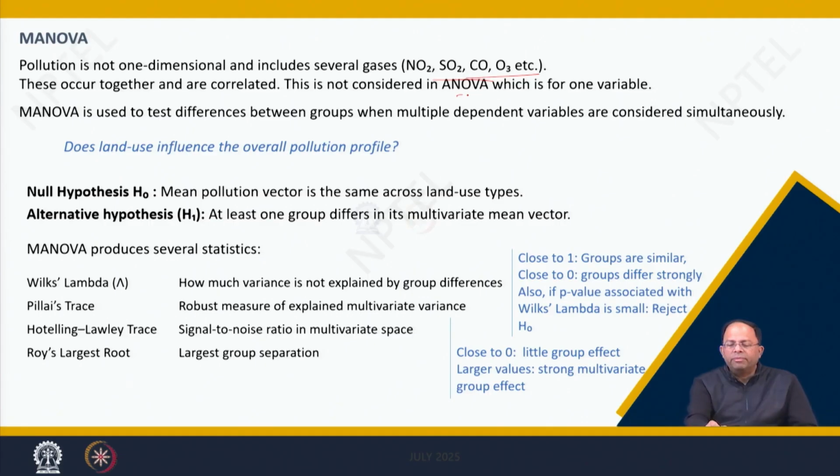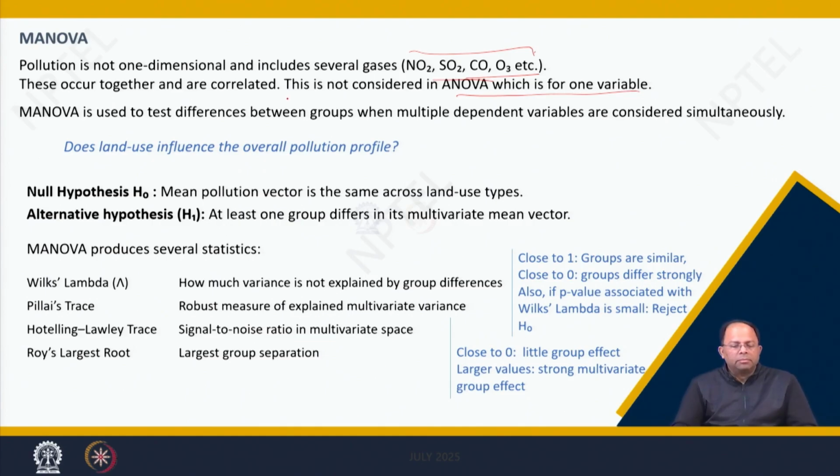In case of ANOVA, we only considered one variable, whereas in MANOVA we consider multiple variables. It is used to test differences between groups when multiple variables are considered simultaneously. That means we take all these variables and ask, does this vary across the different land use, that is residential, commercial and so on.